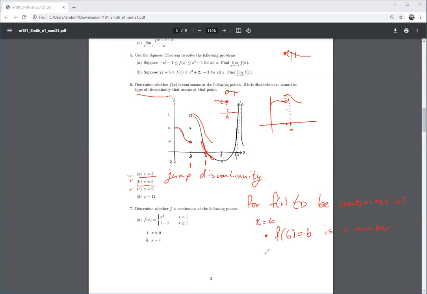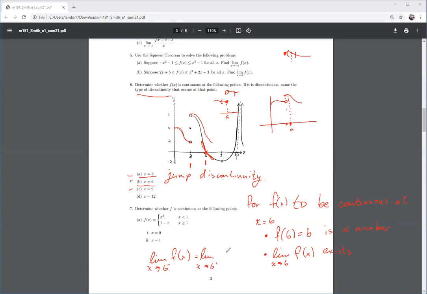And then the second condition is that the limit as x approaches 6 of f of x exists. So it has to exist. And do remember that for it to exist, the formal way you would say this is that the minus side of it is equal to the plus side.